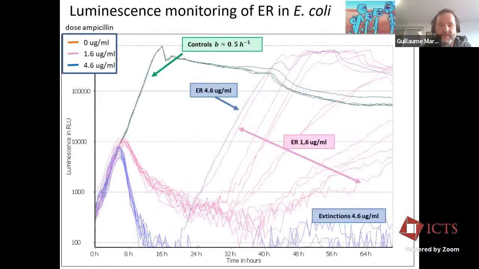Last, here are experiments that I'm doing in the lab with bacteria. So it's E. coli, and they are transformed genetically to express luminescence. They also express fluorescence, but here it's luminescence that I'm showing. So what is luminescence? It's just what allows bacteria, medusa, jellyfish, or firefly to produce light. This makes them use energy and produce light.